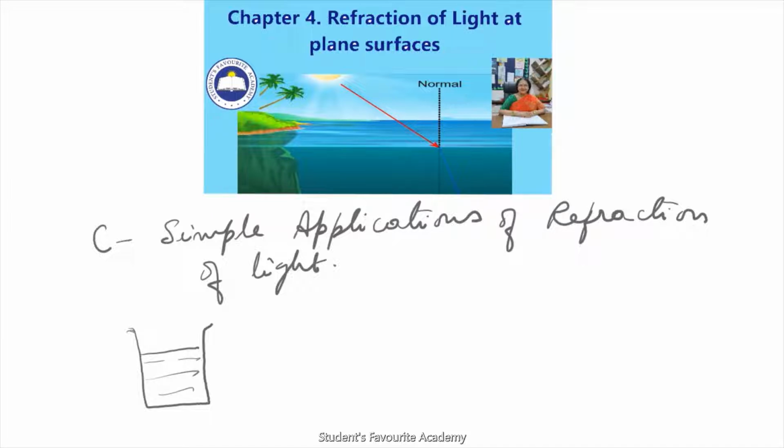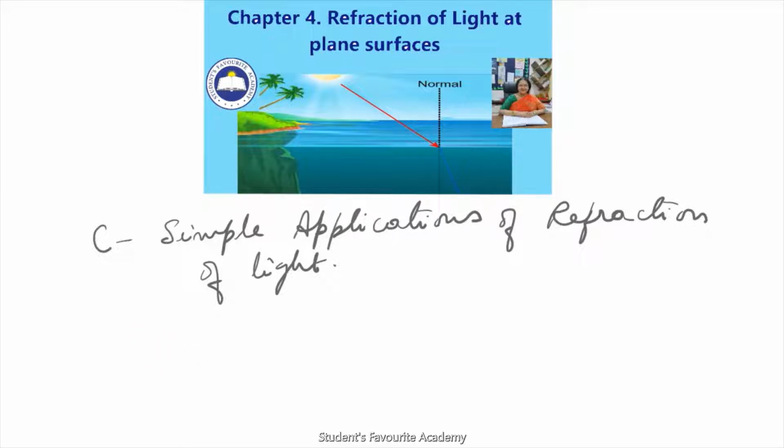If you keep a pencil inside the beaker, when there is no water, the pencil appears like this, but the moment you pour water, the pencil appears bent or raised, isn't it? So the reason or the principle behind this is the phenomenon of refraction of light.